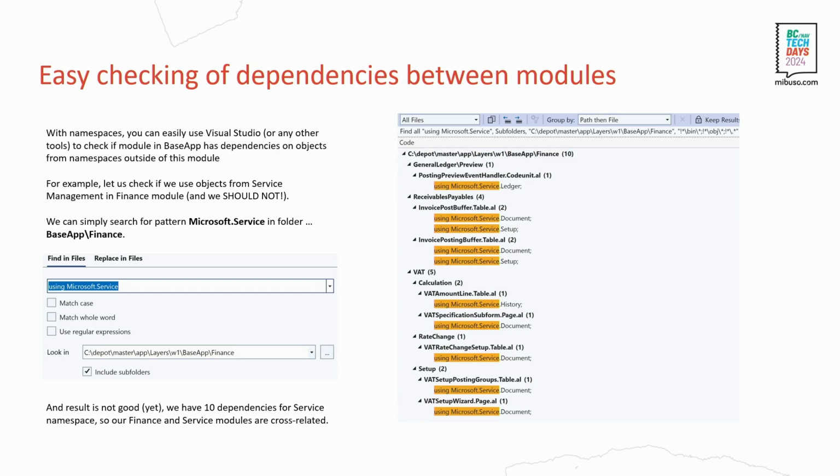And then on the right side of the screen, you can see that we currently have some references in posting preview, in VAT, and also in invoice posting buffer. And it gives us information so we can quickly decide what to do with this. We can check what the size of the problem is, and then we can plan our activities for further improvements.